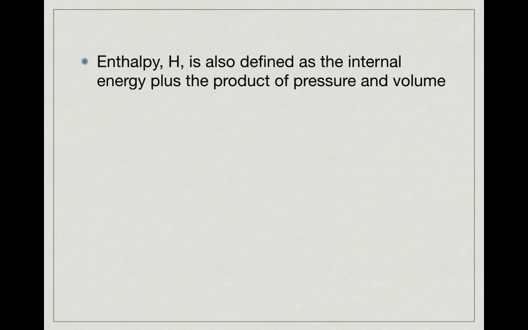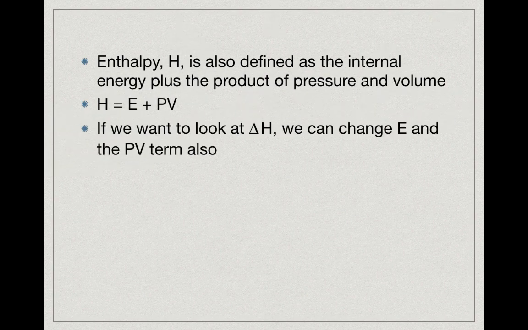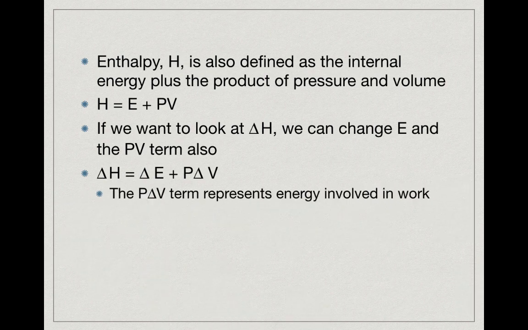Now enthalpy, H, is also defined as the internal energy plus the product of pressure and volume. So we can write enthalpy as energy plus pressure times volume. Or if we want to look at delta H, as we mentioned earlier, we can change the E and the PV term also to reflect changes. And so we would have delta E plus P delta V. Those things added together is equal to delta H. Now that P delta V term, remember, represents the energy involved in work.